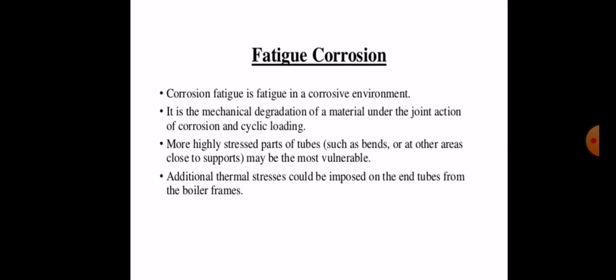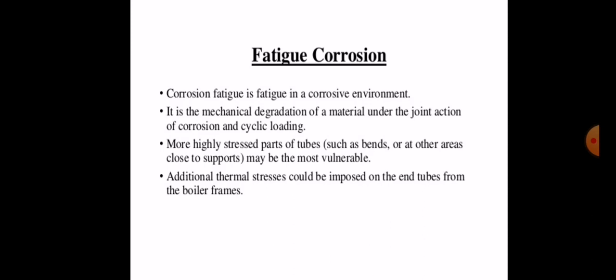After that, fatigue corrosion. Generally we all know about the mechanical properties. There are a number of mechanical properties, right? Stress, strain, ductility, malleability, fatigue, creep. Fatigue means what? The failure of a material under repeated load. When we apply repeated load on the same point of a particular part, at that time the material will fail. That is known as fatigue.